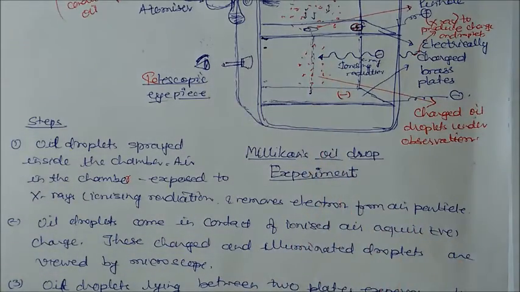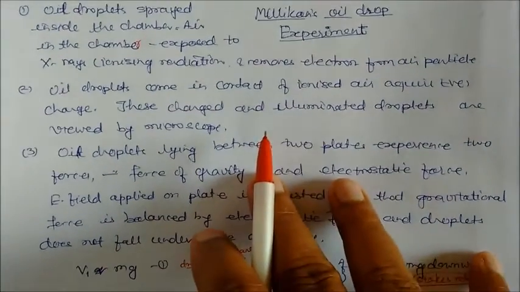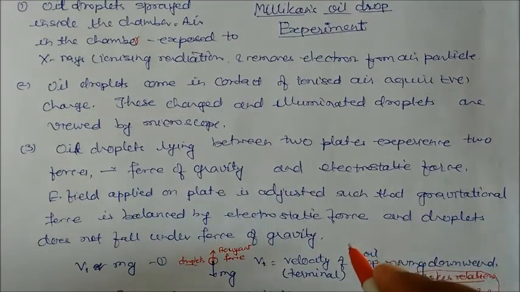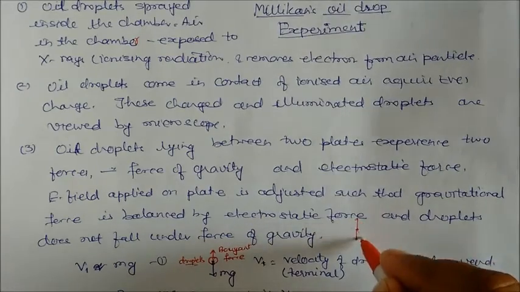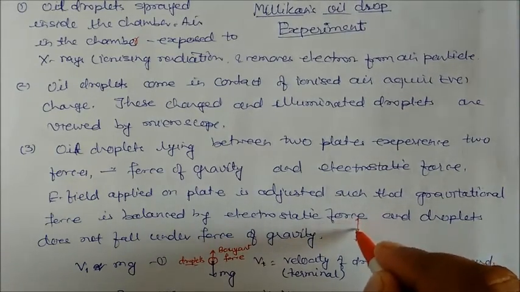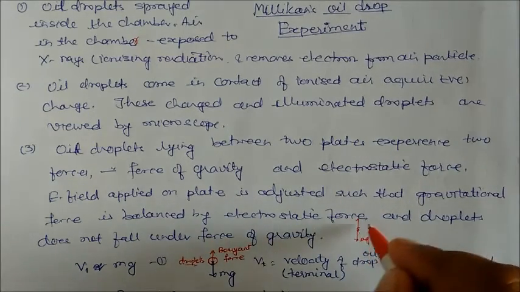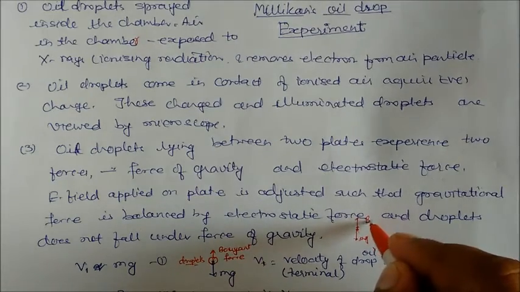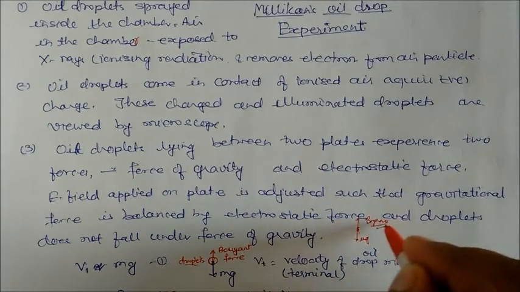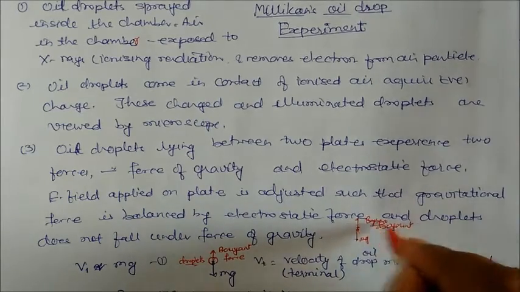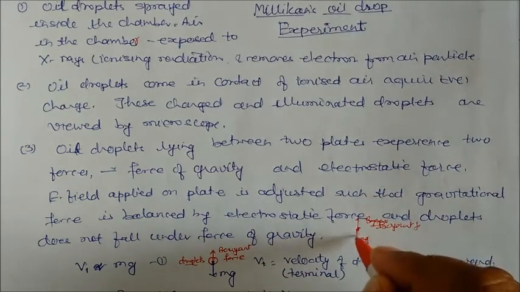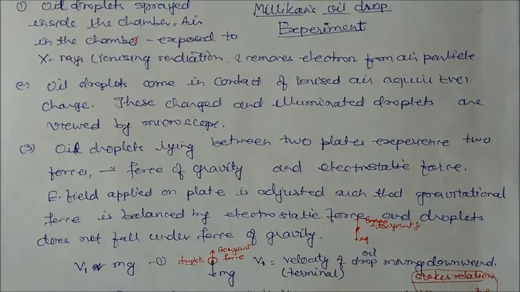One is a downward force, and one is an upward force. This is your mg, and this is due to the field, we can say here buoyant force. And this is going downwards.